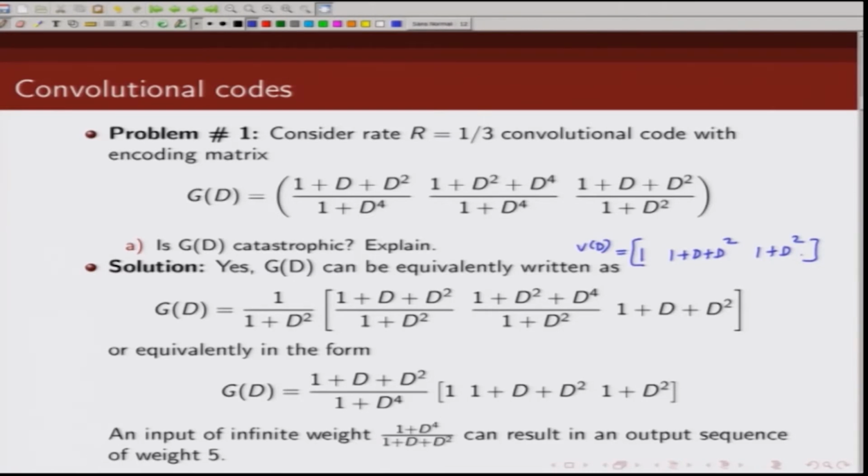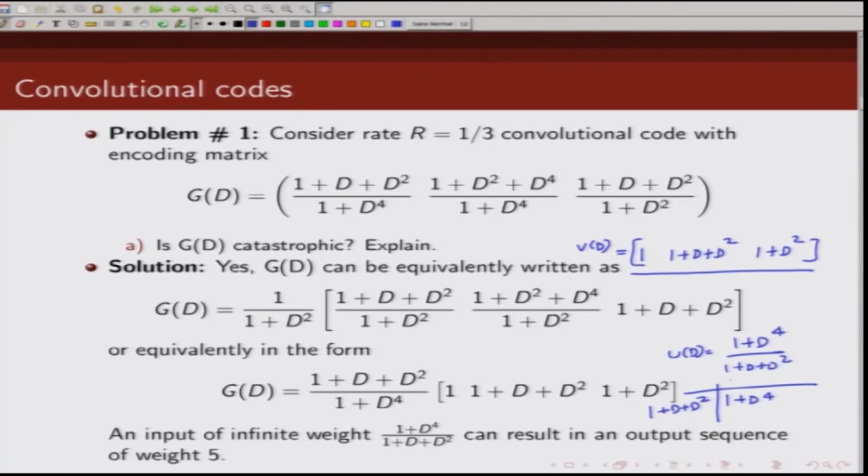So, note here, the input that will cause this output is given by 1 plus d4 by 1 plus d square, right. Now, we can expand this. So, let us say 1 plus d4, divided by 1 plus d square.